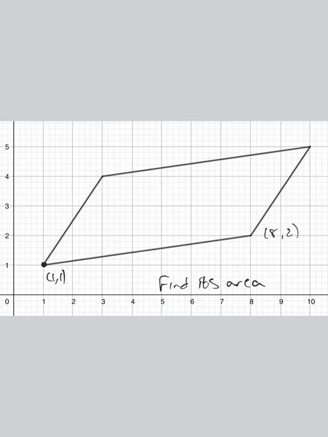So to do this problem, to find the area of this triangle, it's actually a pretty complicated problem without vectors. What you end up doing is you draw this diagonal, and you can use the distance formula to get the length of this line right here from the coordinates. You could get the length of this line from the coordinates, and you could get the length of this dotted line using the coordinates and the distance formula.